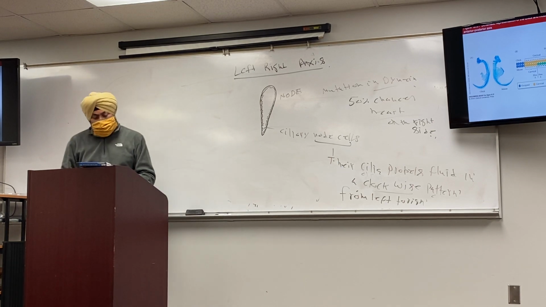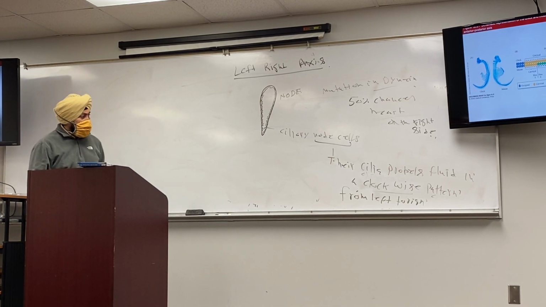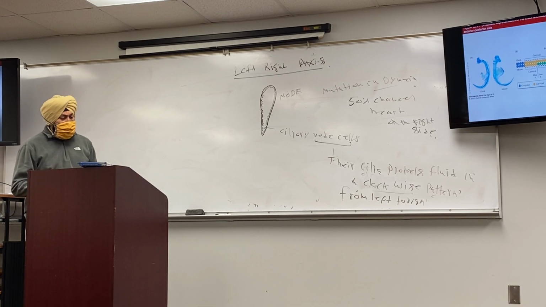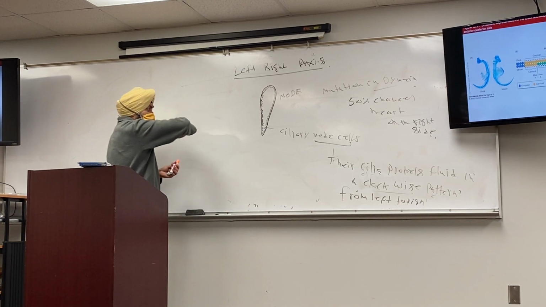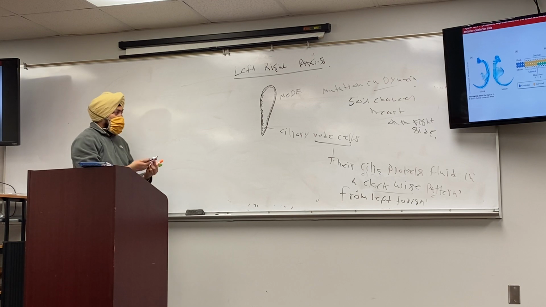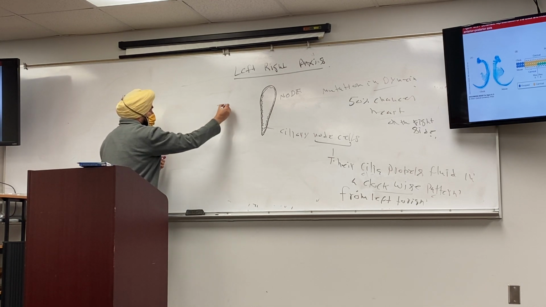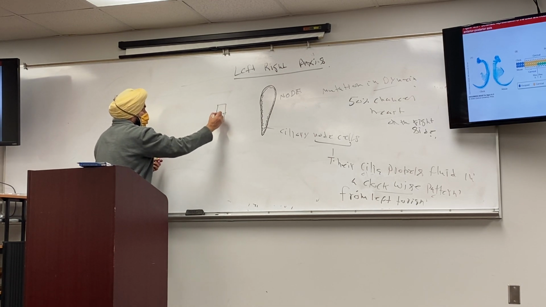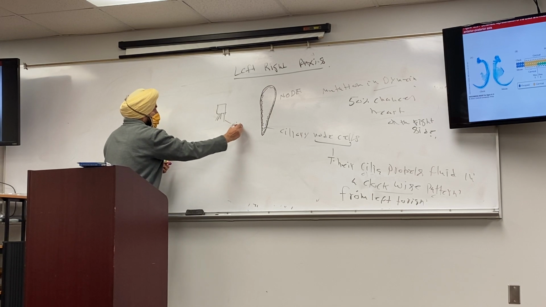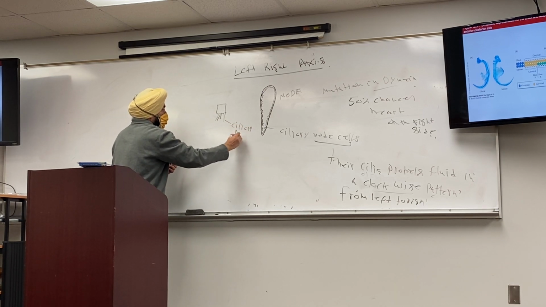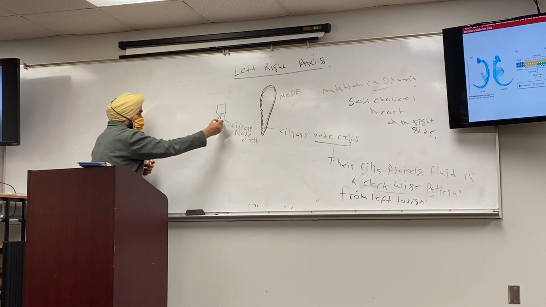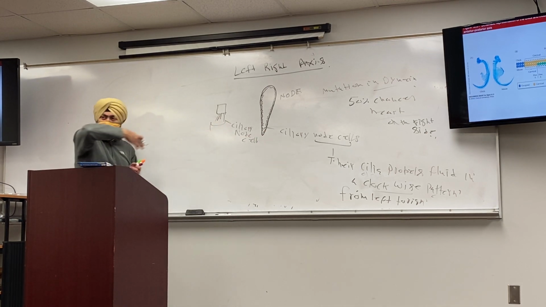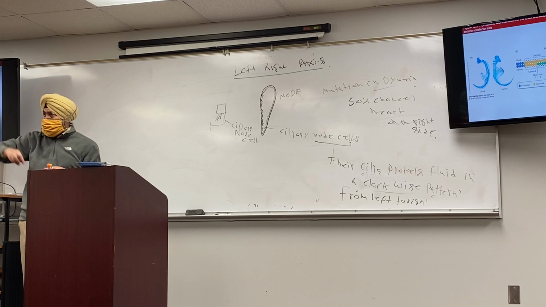So why does that happen? If I cut this section like this, these are the ciliary node cells, right? So they're moving the fluid like this. They have the dynein, they can move the fluid.